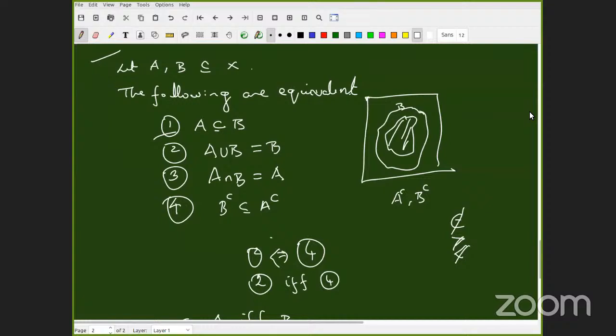What is assumed? 3 is assumed. What is that you want to prove? You want to prove 1. What is statement one? A is a subset of B is the first statement. Correct. If I want to prove this, I have to start with something. What is that you have to start?